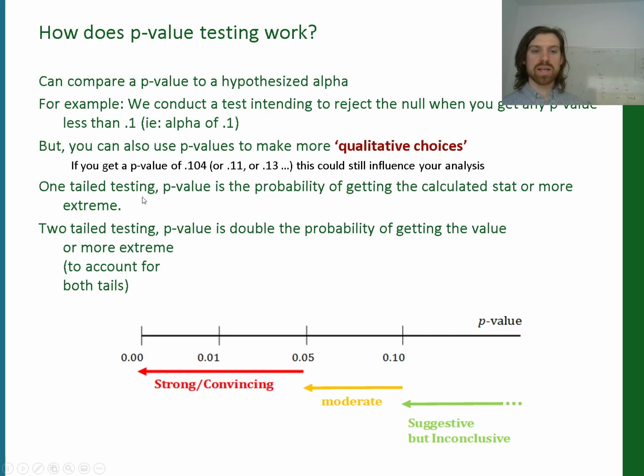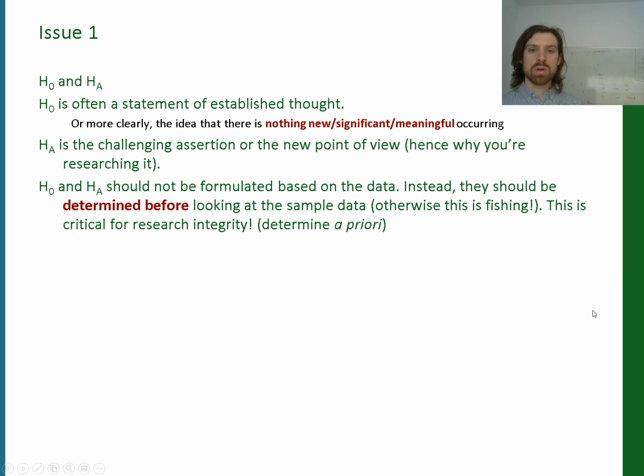So for one-tail testing, the p-value is the probability of getting the calculated statistic or more extreme, and for two-tail testing, the p-value is double the probability of getting the value or more extreme. Okay, because we're accounting for both tails. So the issues with this, well, firstly, I need to state that the null hypothesis is always a statement relating to established thought.